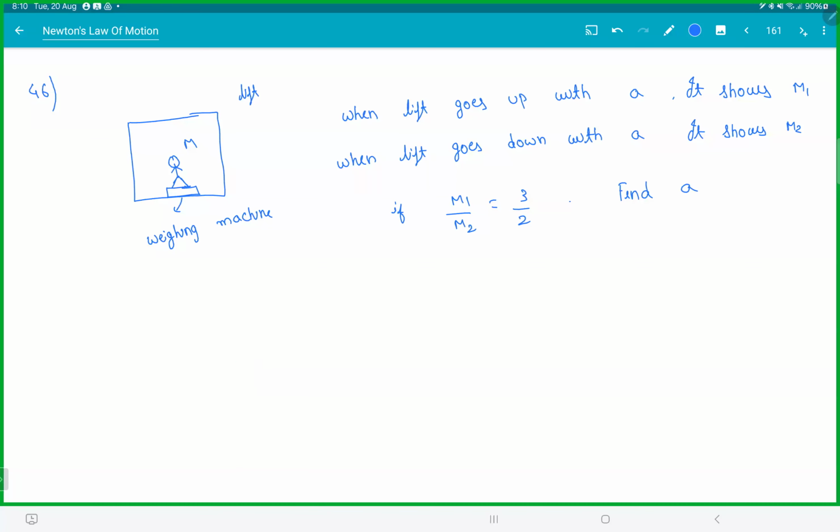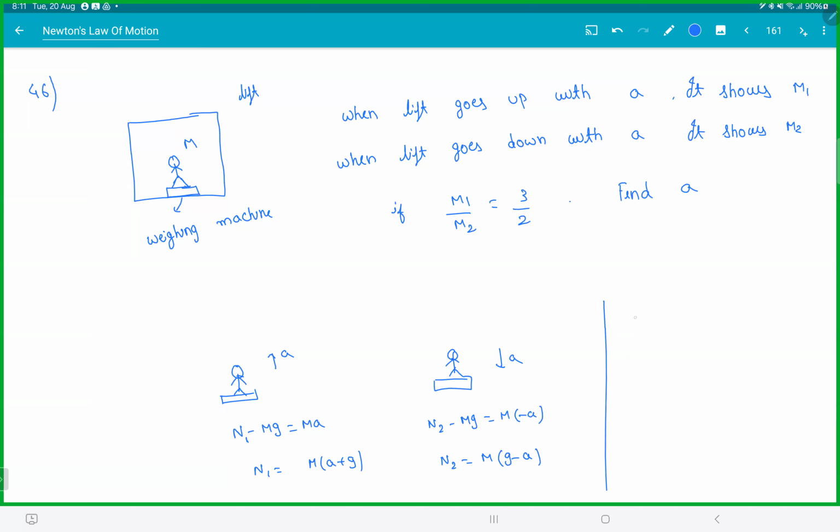So straightforward. When it goes up, N minus mg is MA. Let's call it N1. So N1 is M into A plus G. When this guy is going down, then N2 minus mg is equal to M into minus A. So N2 is M into G minus A. And indirectly, he gave you N1 by N2, the reading, as 3:2.